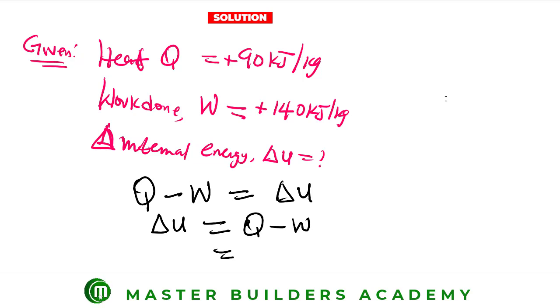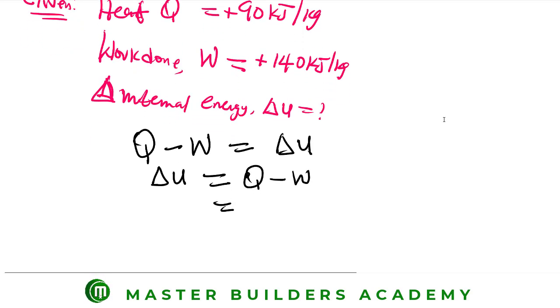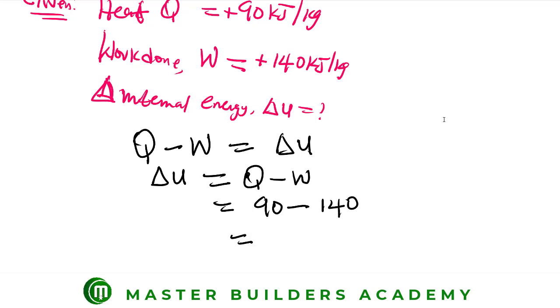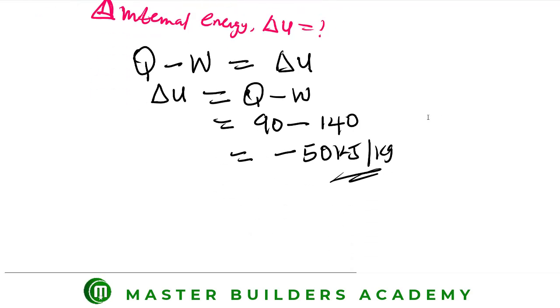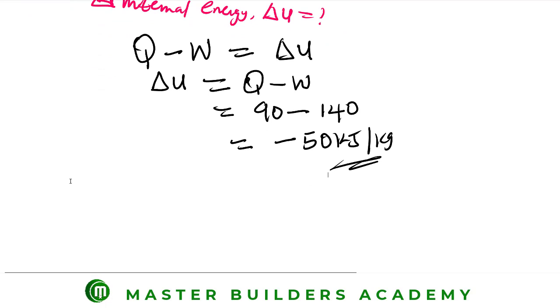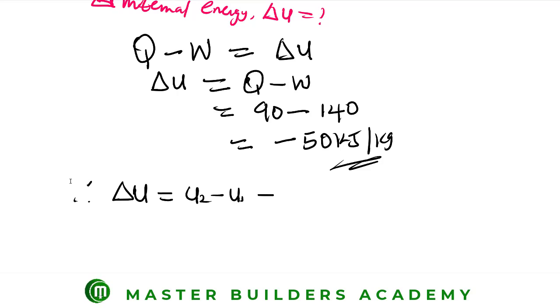Now we substitute: Q, the heat, is 90, minus the work done, 140. So 90 minus 140 gives minus 50 kilojoule per kilogram. So the change in internal energy, U2 minus U1, is equal to minus 50 kilojoule per kilogram.